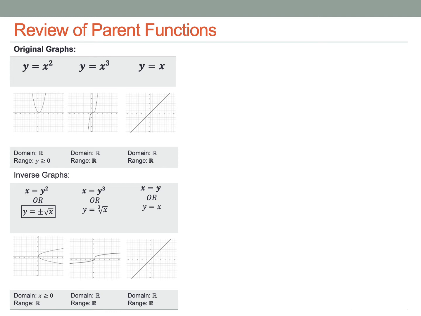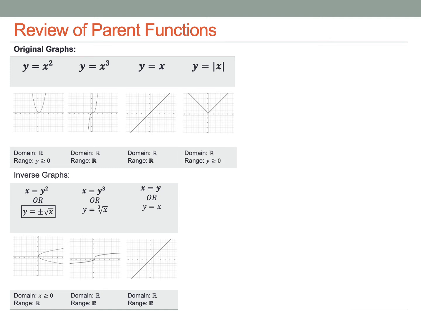Okay, next parent function, the absolute value function, right? y equals the absolute value of x. It looks like this with a v at the origin with the slope of 1 and negative 1. The domain is all reals, and the range is y is greater than or equal to 0.